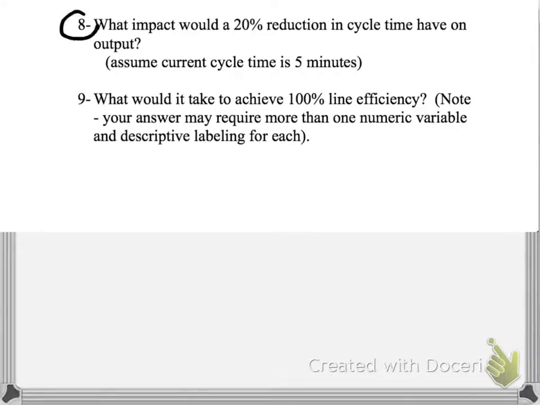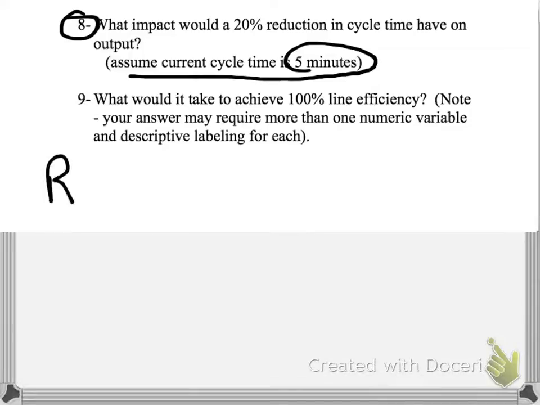All right, moving on to number 8. What impact would a 20% reduction in cycle time have on output? And we have to assume that the current cycle time is 5 minutes. So when we look at output, we go back to that formula that we talked about earlier in the exam, that output equals our available time divided by our cycle time.